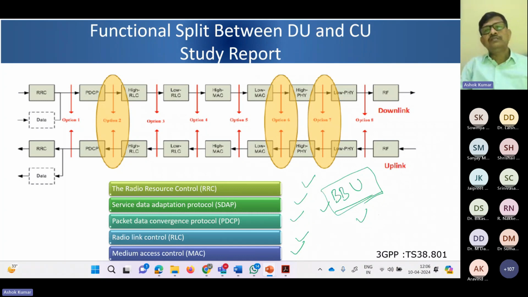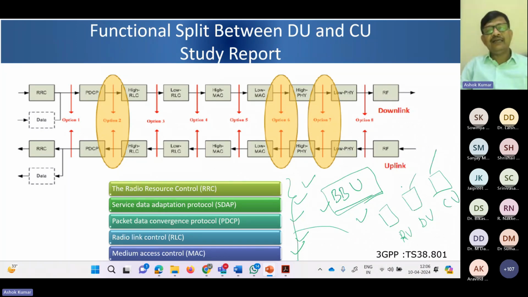But what 3GPP talked about is that we can split this BBU into multiple parts. As we saw in our earlier picture, I can have RU, I can have DU, and then I can have CU, and divide these layers among them, so that RU will handle one part of the layers, DU will handle another part, and CU another part.